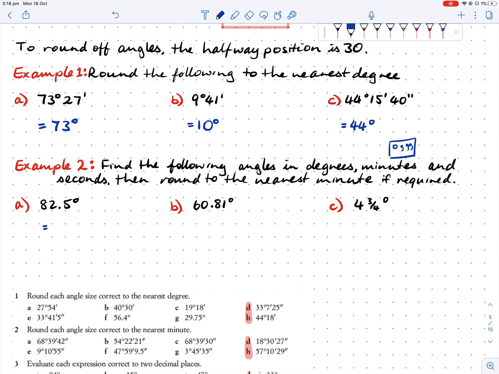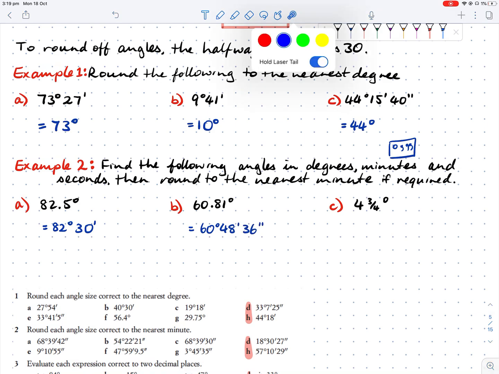So this question, 82.5 degrees, is 82 degrees and 30 minutes. Now what you'll see is there's going to be a 0 with the double apostrophe, 0 seconds as well, and we don't really need to worry about that. For our next one, we've got 60.81 degrees, so we're going to put in 60.81 degrees, press equals, and it will come out with your degrees, minutes, and seconds, and it's 60 degrees, 48 minutes, and 36 seconds.